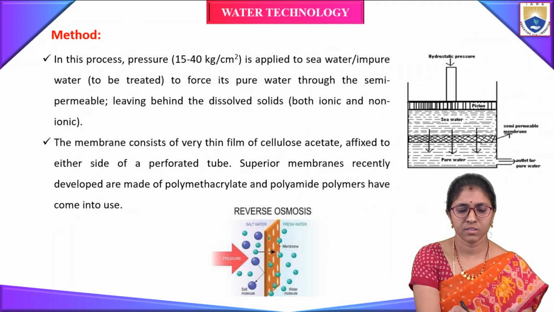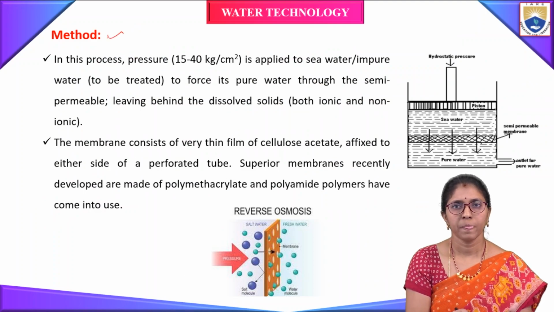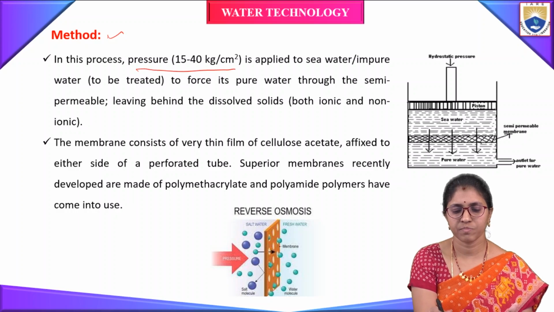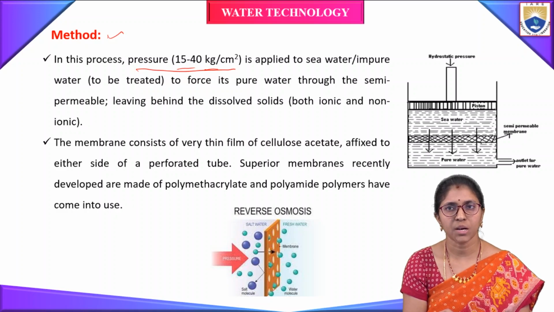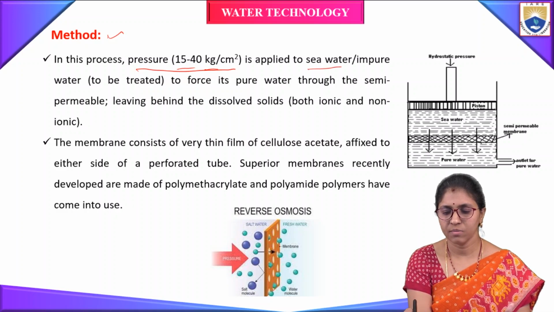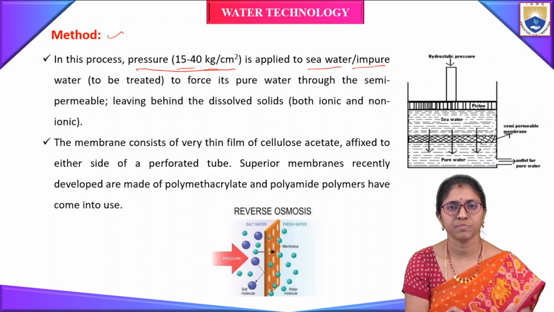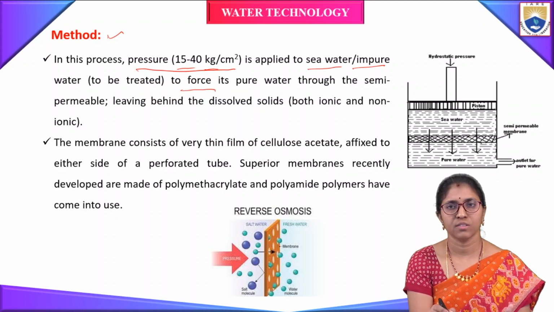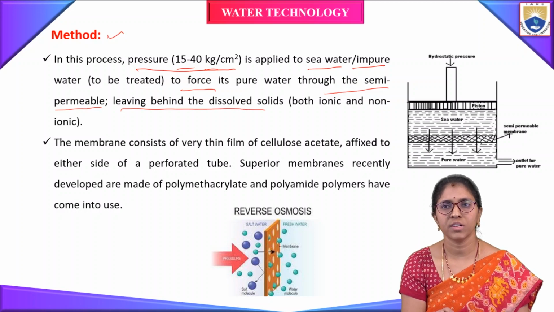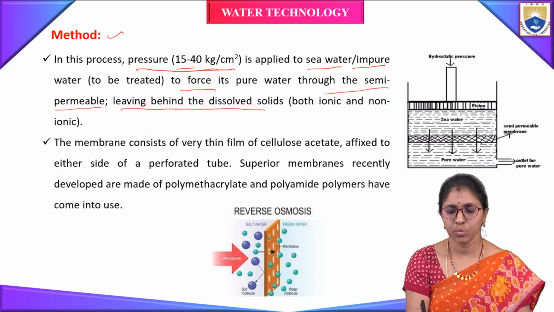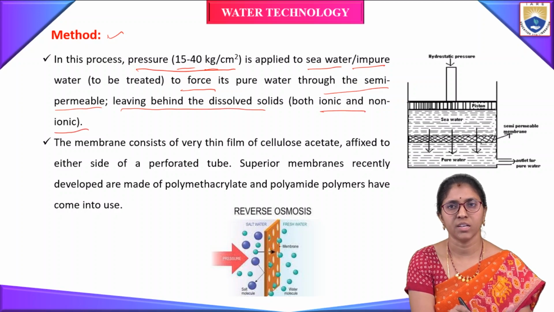So, what is the method of reverse osmosis? In this process, a pressure of 15 to 40 kg per centimeter square is applied to sea water or impure water which is to be treated, to force its pure water through the semi-permeable membrane, leaving behind the dissolved solids, both ionic and non-ionic.